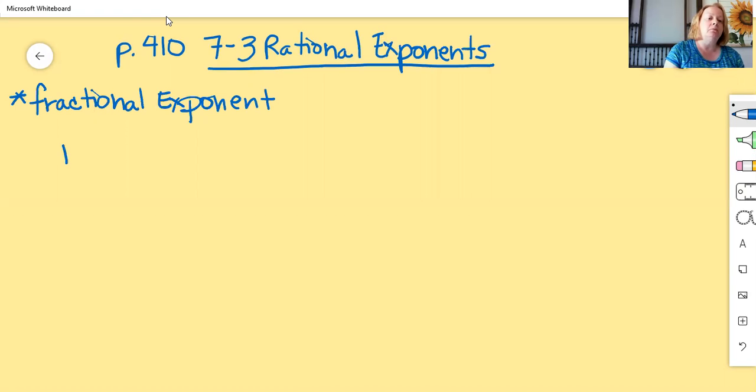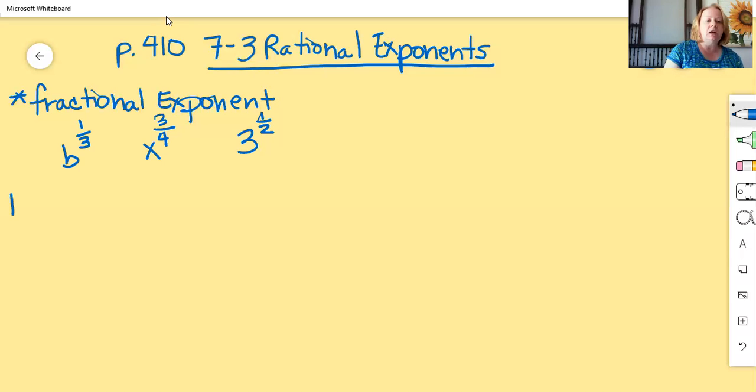So like b to the 1/3 power, or x to the 3/4, or 3 to the 1/2. So these all have fractions, and we're going to interpret what do these mean and how do I solve some of these problems, okay? So we're going to look at the gray box called the key concept.